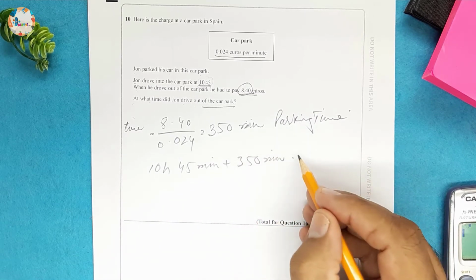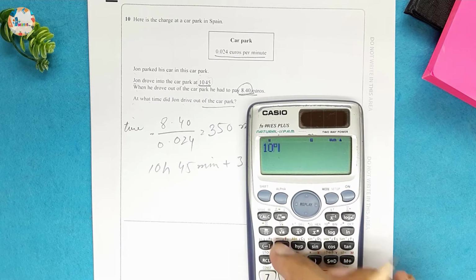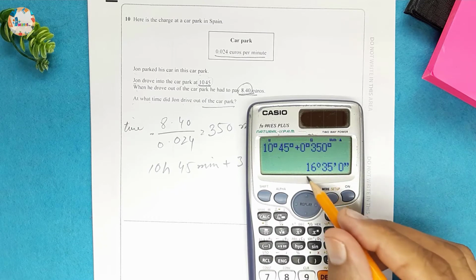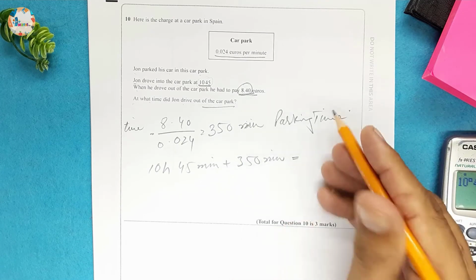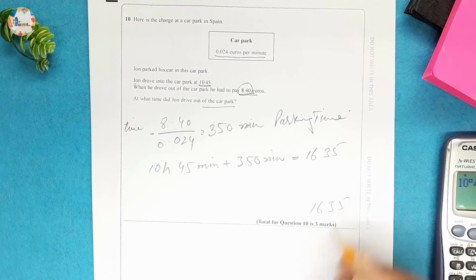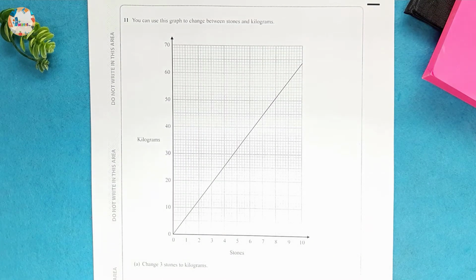We'll use the time button: 10 hours and 45 minutes plus 0 hours and 350 minutes, and press equals, and you will get the answer 16 hours and 35 minutes. So 16:35 will be our final answer. Hopefully you see that using the time button is convenient.